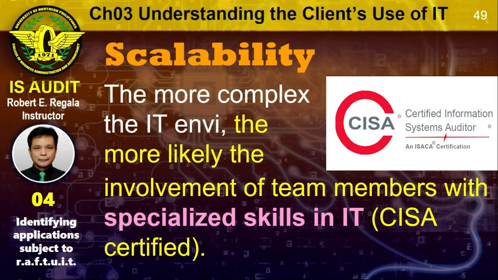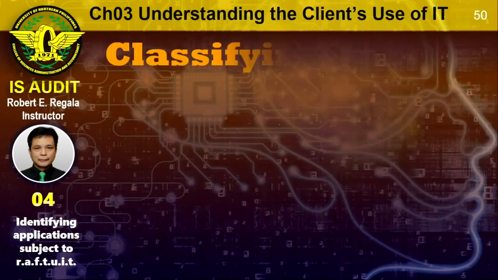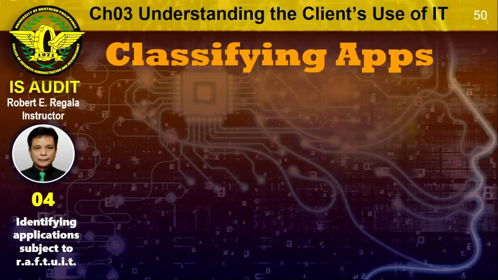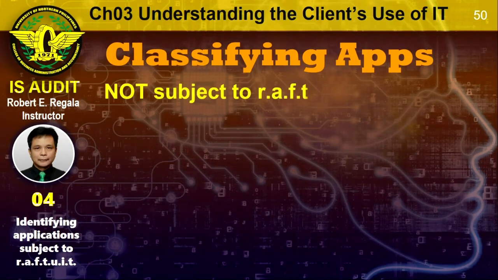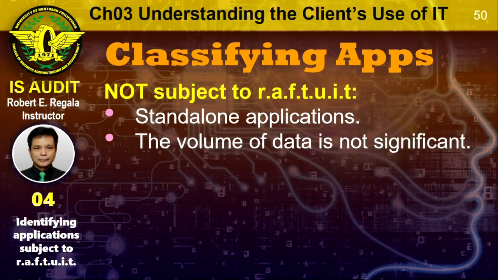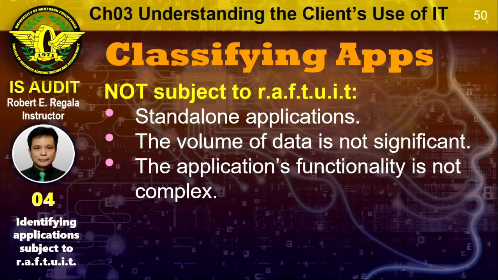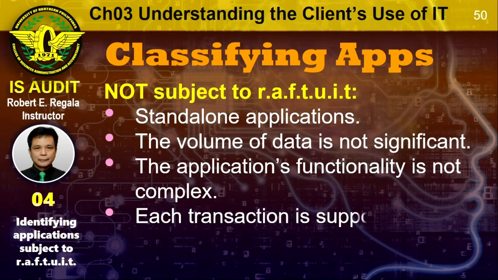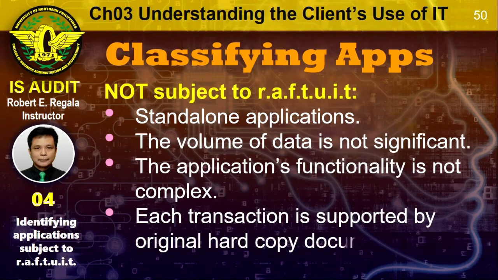complex IT environments. Example characteristics of an IT application that is likely not subject to risks arising from IT are standalone applications. The volume of data or transactions is not significant. The application's functionality is not complex, or each transaction is supported by original hard copy documentation.